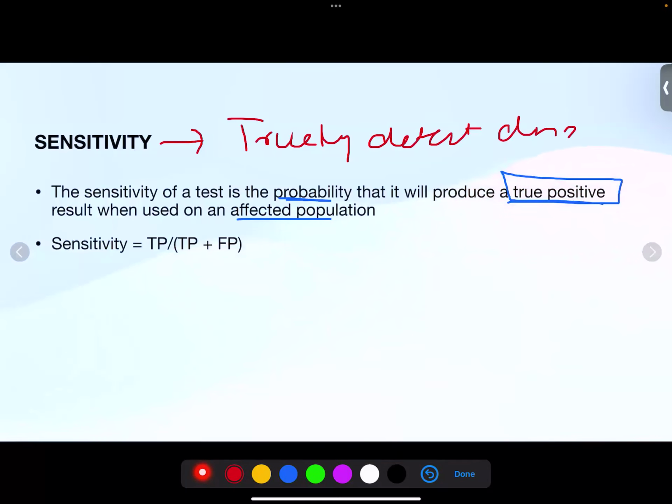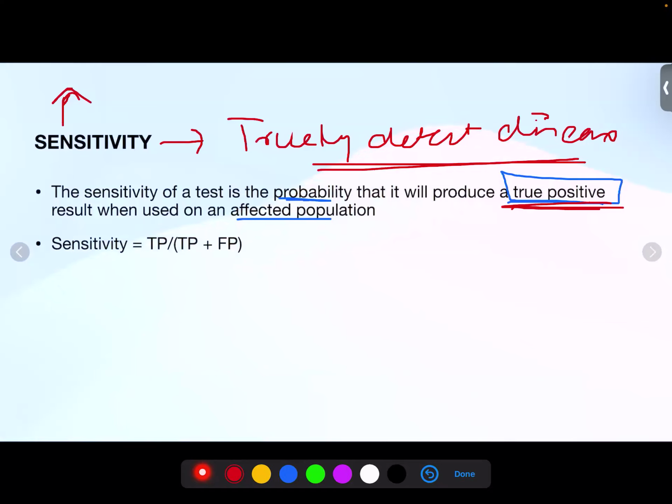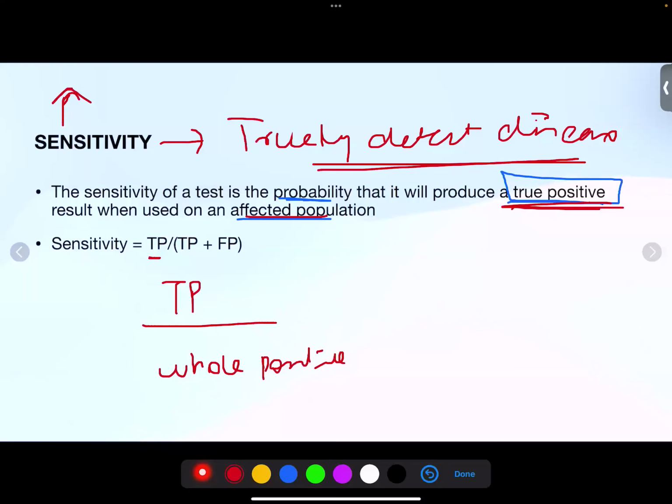Okay, so the test which has high sensitivity means that this test truly diagnoses the disease. It means that true positives would be more. Now the formula is actually true positive divided by, you can remember it like this, whole positives. Okay, so true positive divided by true positive plus false positive.